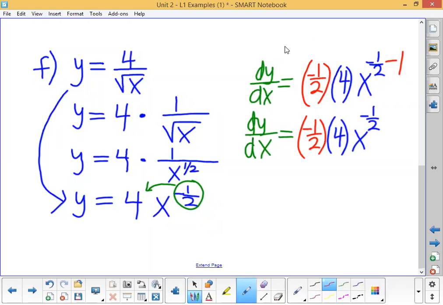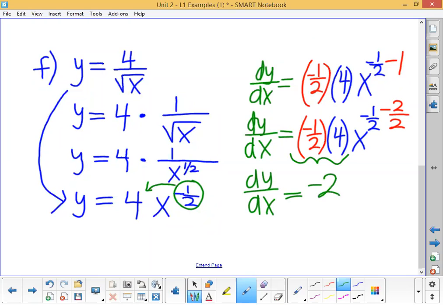Change it to common denominator, so -2 over 2. dy over dx is going to be equal to those two numbers I'm multiplying together. So I have -2, and when I simplify my negative powers, I have x to the power of -3 over 2.